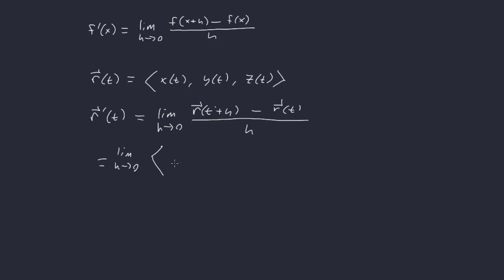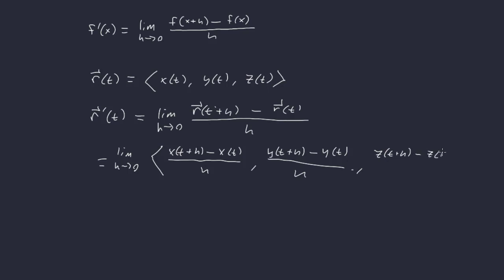So it will be the vector valued function x of t plus h minus x of t all over h, comma, y of t plus h minus y of t all over h, comma, z of t plus h minus z of t all over h in each one of its components.